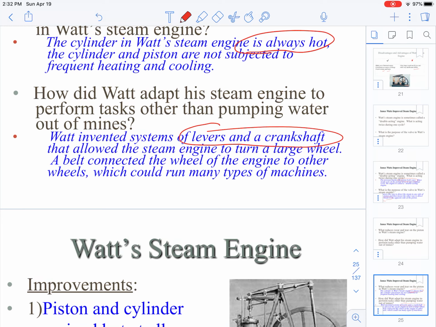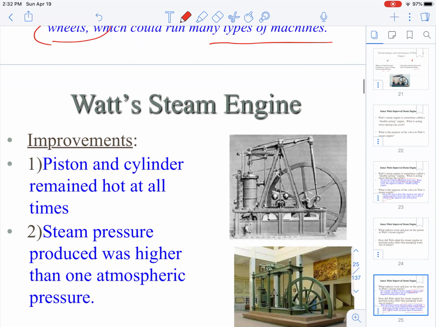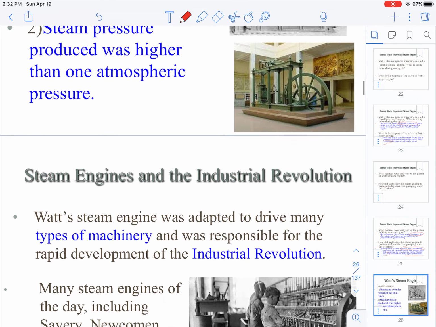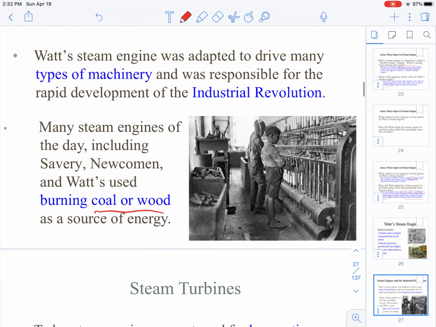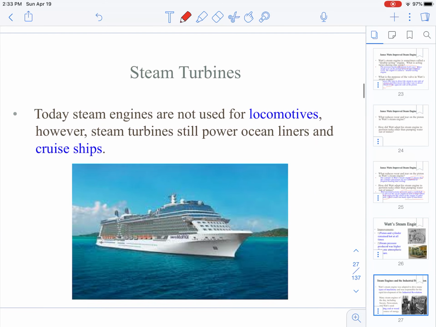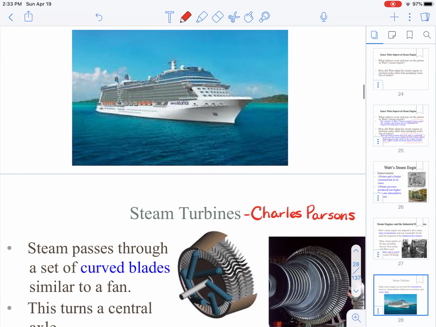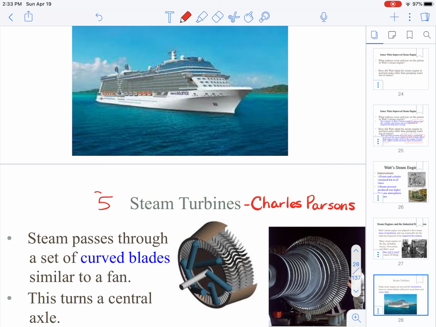And because we see that levers and crankshafts were attached, and wheels, a lot of different machines were invented using this Watt technology. So this led to the Industrial Revolution, and it says that many steam engines were using coal and wood, as I mentioned. And today we are actually mostly using steam engines for ocean liners and cruise ships.